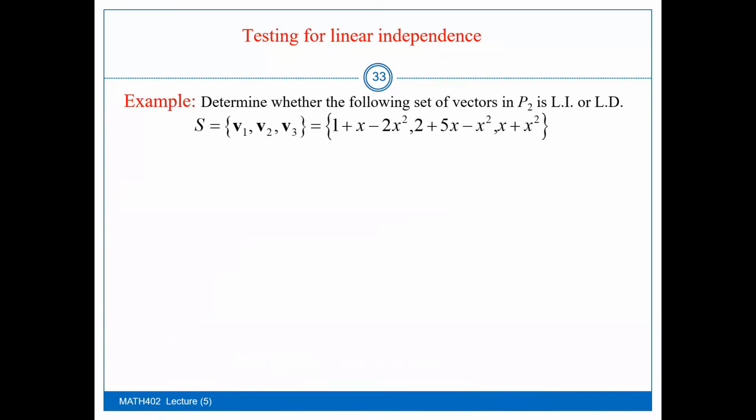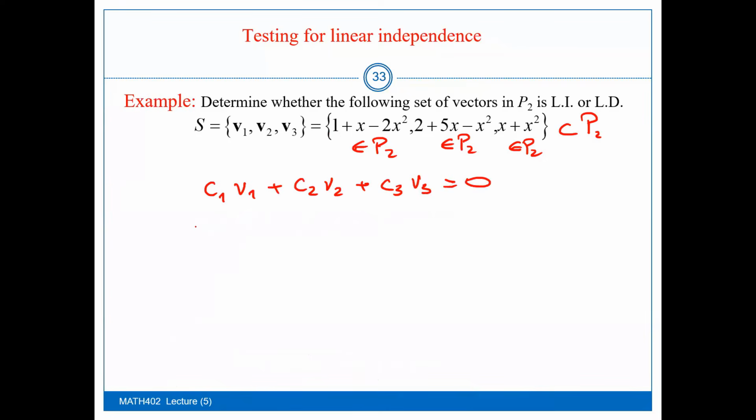Determine whether the following set is linearly independent or linearly dependent. Again, these are elements of P2. So it's a subset of P2, the set of polynomials of degree less than or equal to 2. Again, we have to solve the homogeneous system C1 V1 plus C2 V2 plus C3 V3 equals 0.